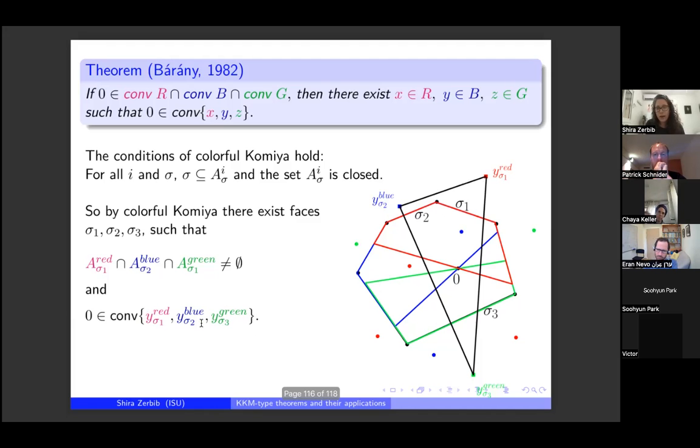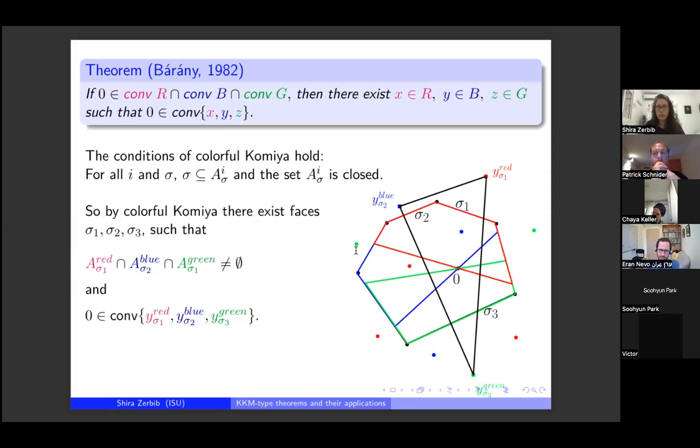So all I have to show you is that there are no fake points that I added to the picture by taking barycenters. But this follows from this condition here, because if these sets intersect, then one of them cannot be sigma. It is easy to prove that.